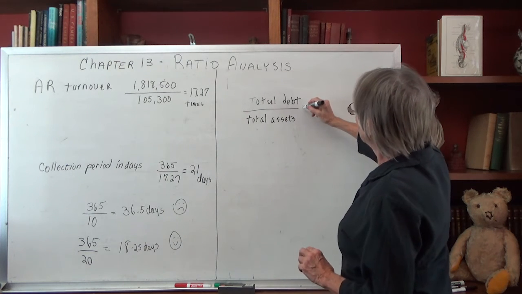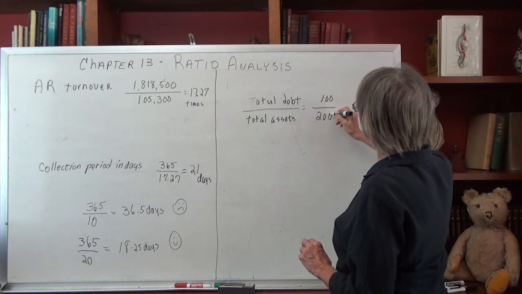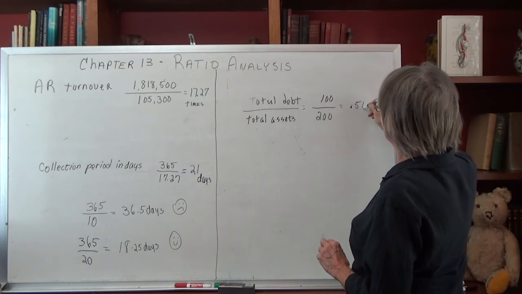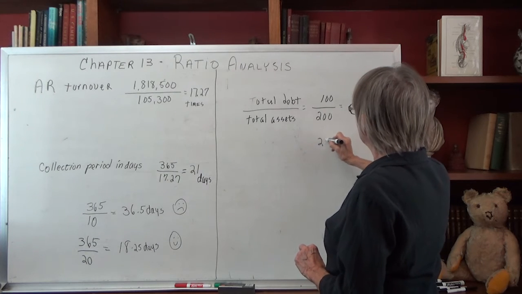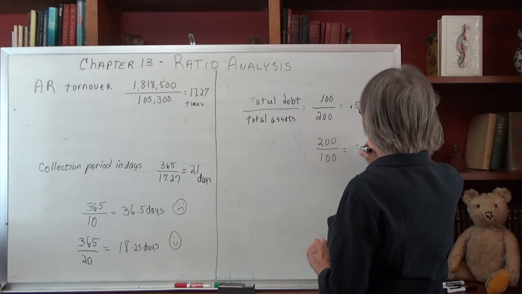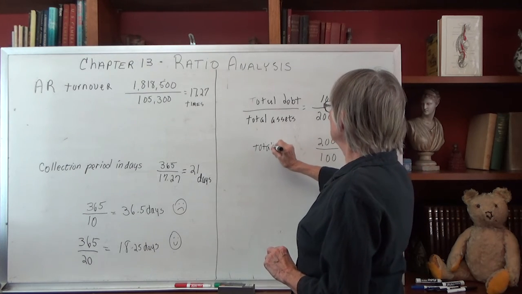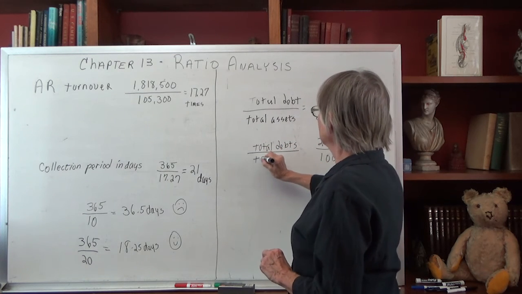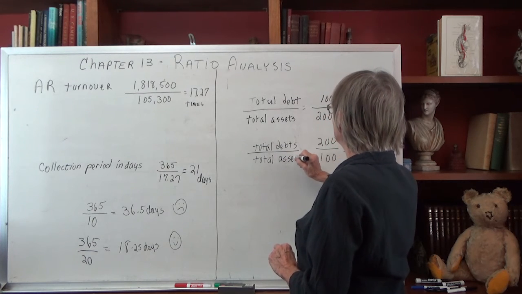Obviously, if you've got total debt of 100 and total assets of 200, you would have 0.5. That's probably not so bad. But what if you had total debt of 200 and total assets of 100? You've got 2. If you put these into simple calculations, they start to make sense to you.